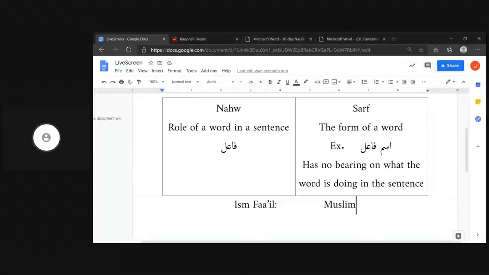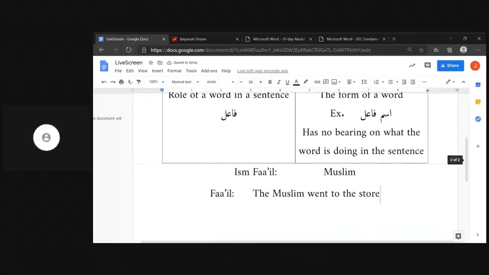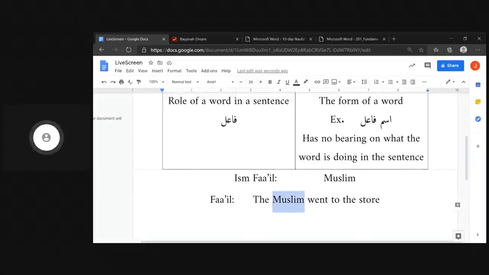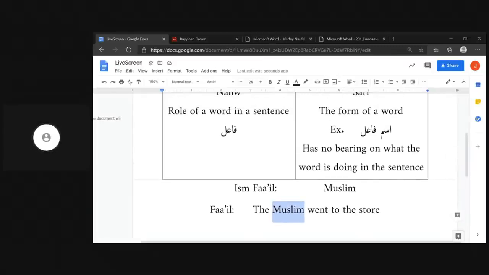But if I put Muslim in a sentence, now this is a fa'il example. Muslim went to the store. Now the role of the Muslim in the sentence is it's doing the going, right?